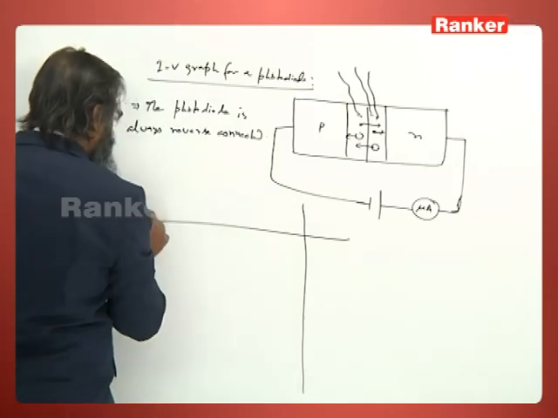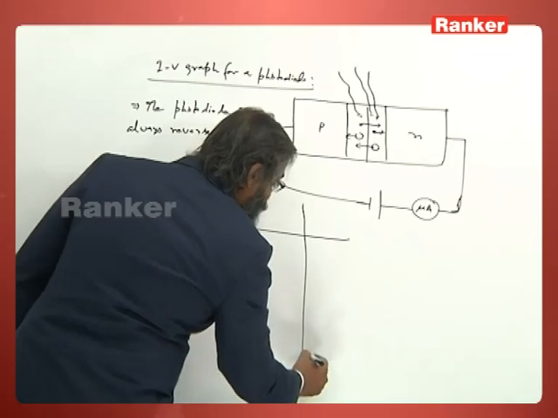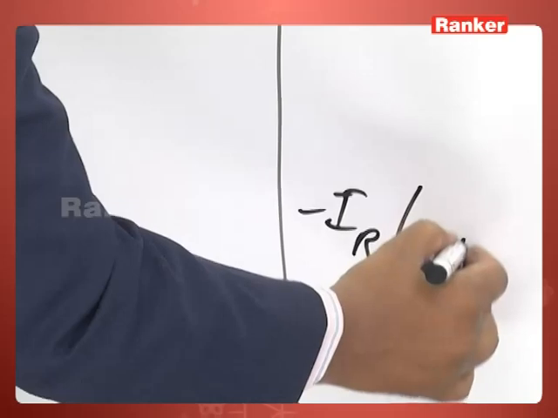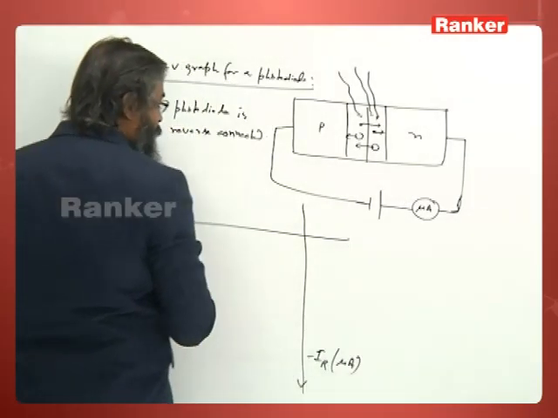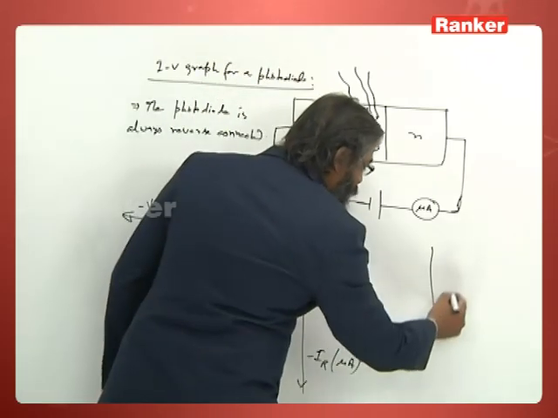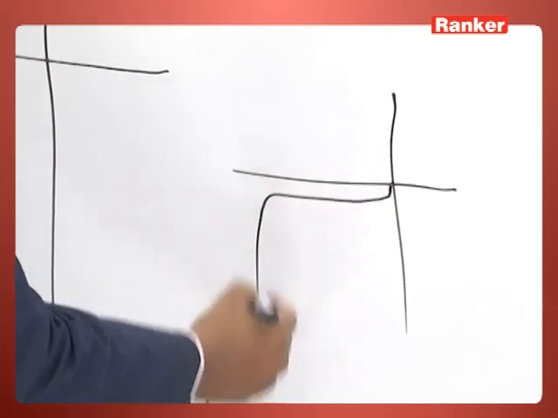So you see this is minus V reverse and here the current is I reverse current. The order is microamperes. Now let us recall that for a normal PN junction in reverse bias, it was something like this.